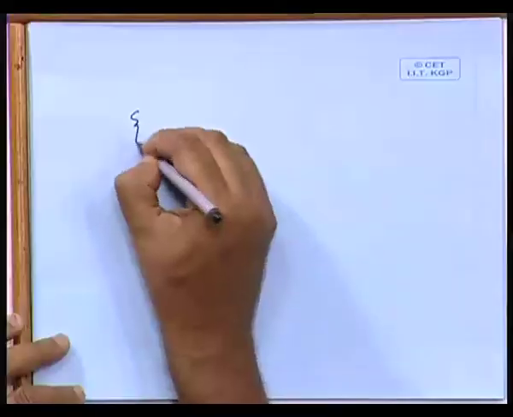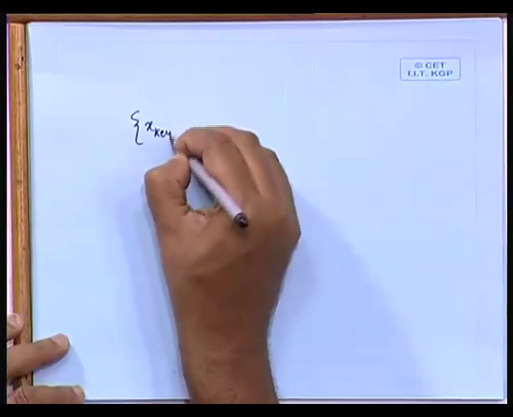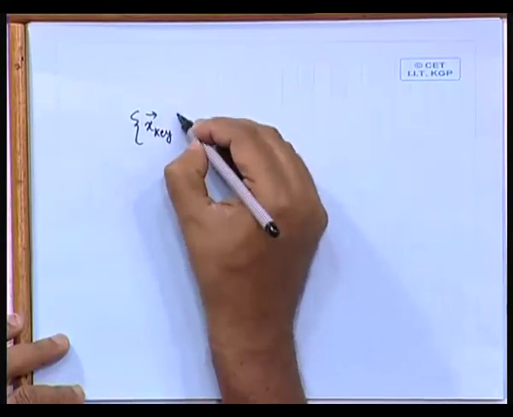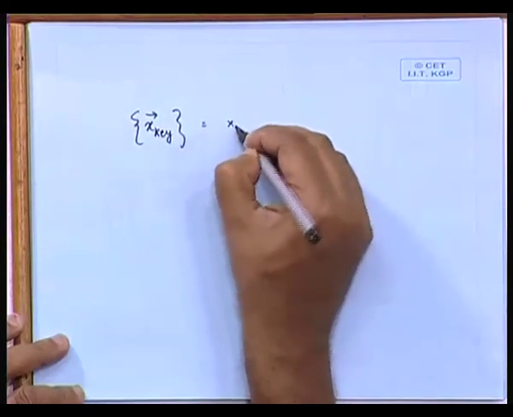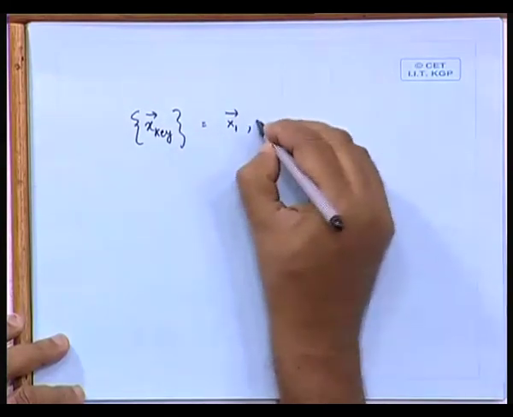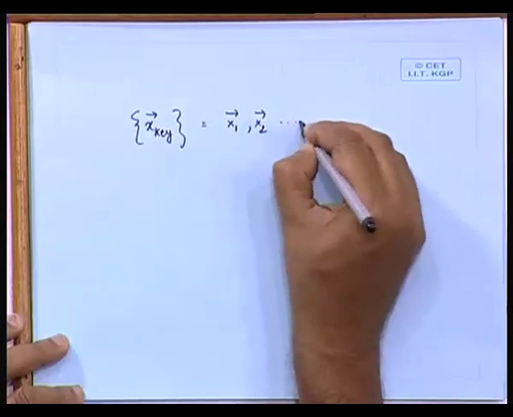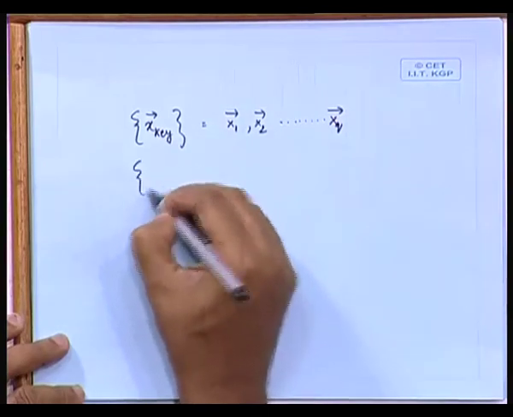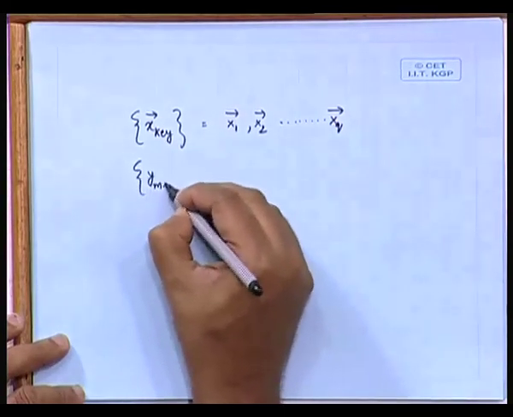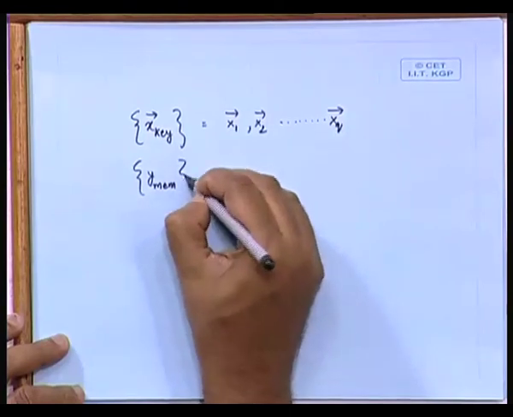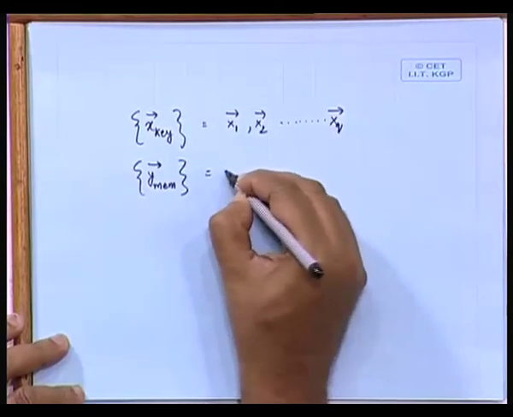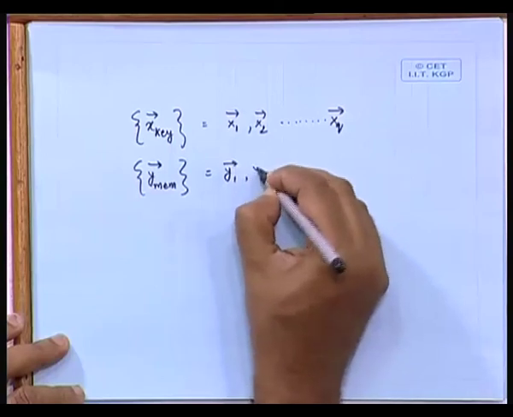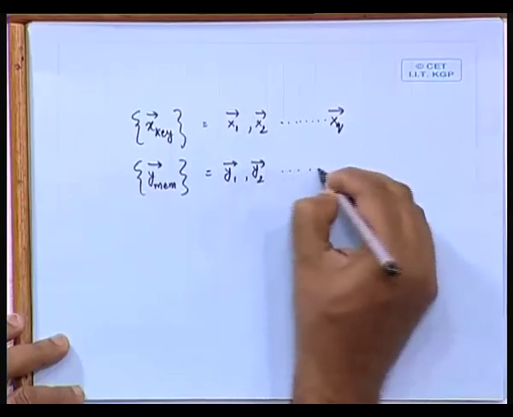Now, let us consider a set of key patterns. We can define the set of key vectors as x1 vector, x2 vector, up to xq vector. And we have the corresponding memorized patterns, y mem, as y1 vector, y2 vector, up to yq vector.